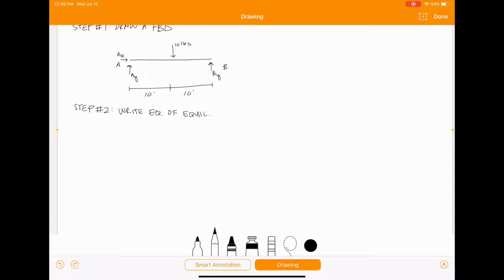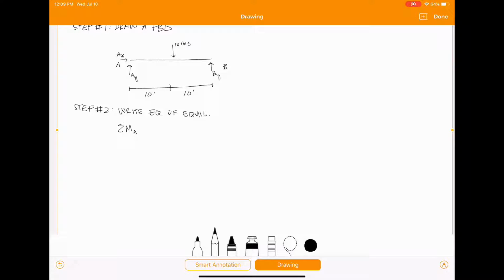I feel like it flows a little bit nicer if you start with the moments though. So I'm going to do my sum of moments about A. You could do your sum of moments about B, and you'll again end up with the same answers. I just like to stay consistent, and I always start on the left side of the beam. That's just what I do.